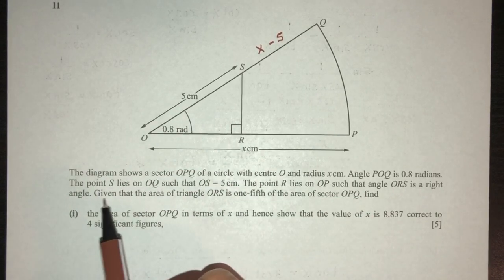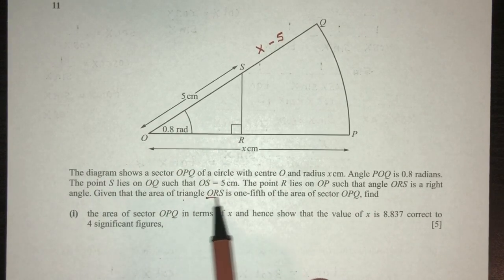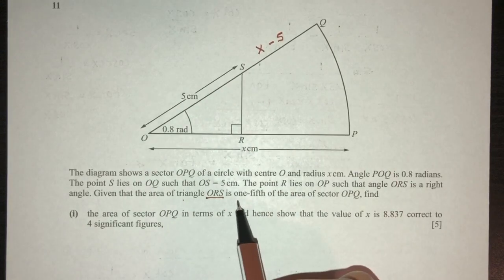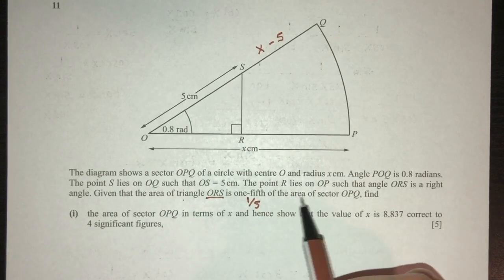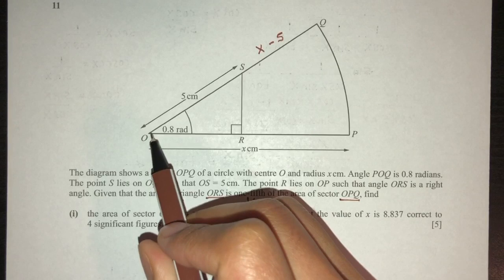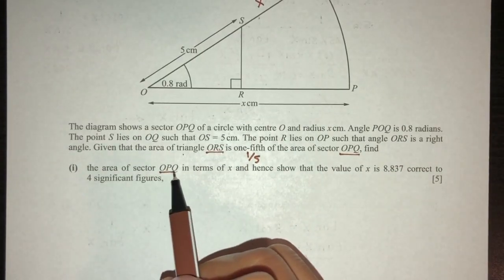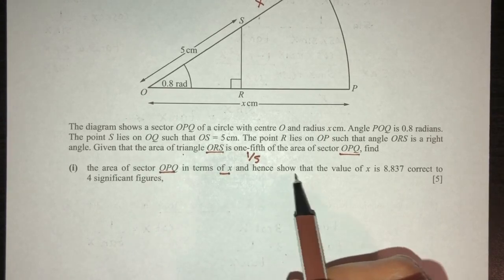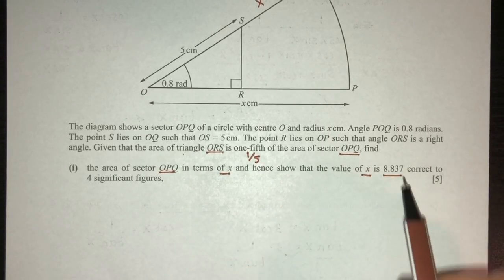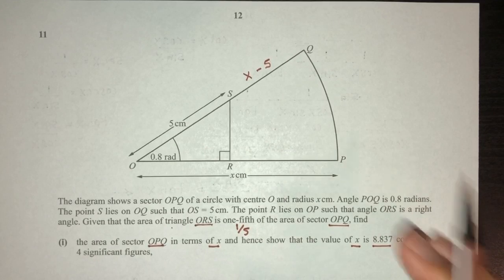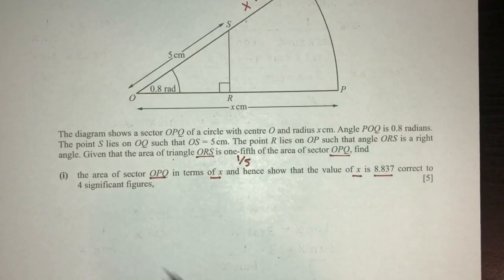Given that the area of the triangle ORS is 1 over 5 the area of the sector OPQ. First one, find the area of the sector OPQ in terms of x, and hence show that the value of x is equal to this. So how do you find area of sector? It's pretty easy. We use our formula.